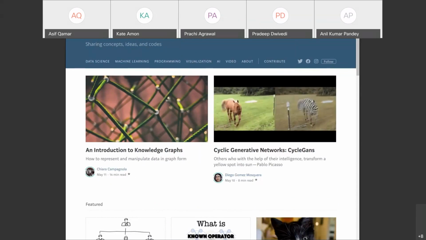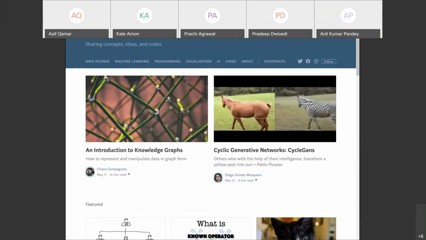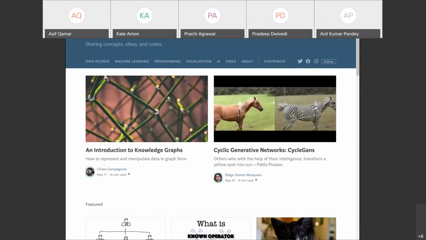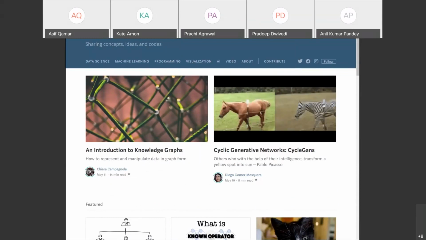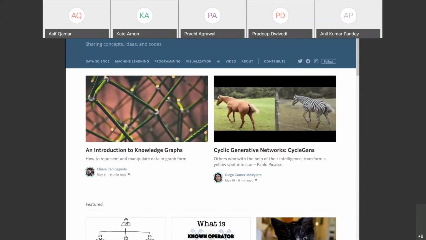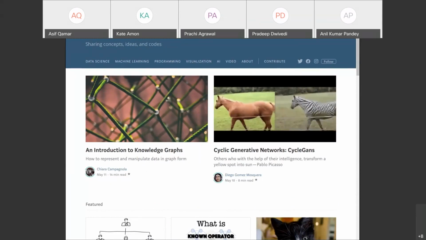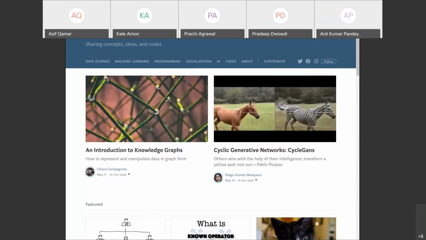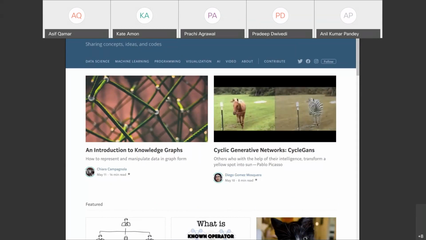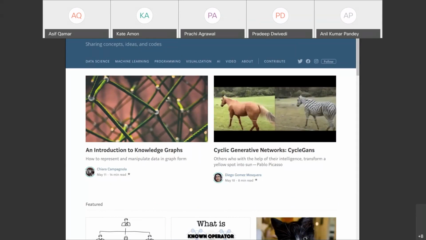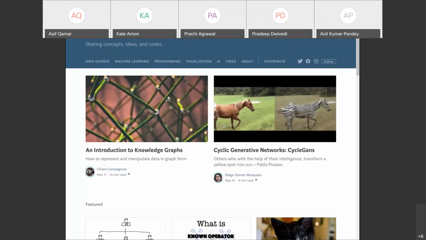Now, here's the best part. If you write articles for this website, I think you get your money back, because when other people like your articles, you get paid for it. It's sort of a community site, in which the more you contribute, you essentially don't pay anything. In fact, you get money back.